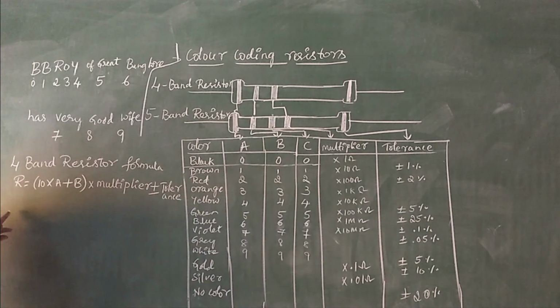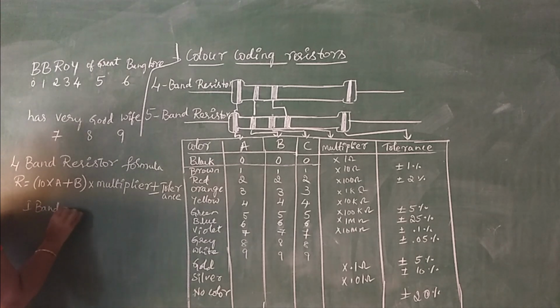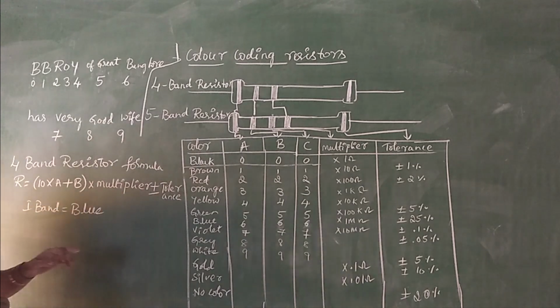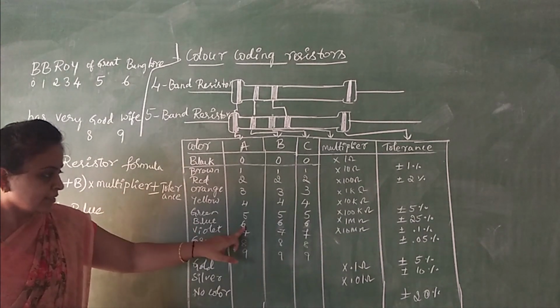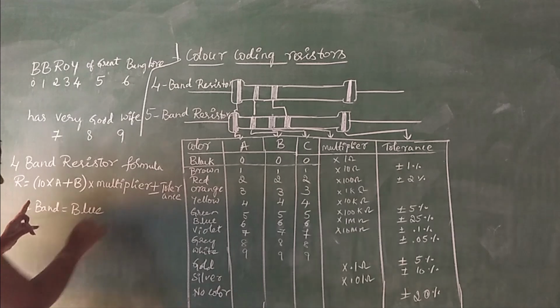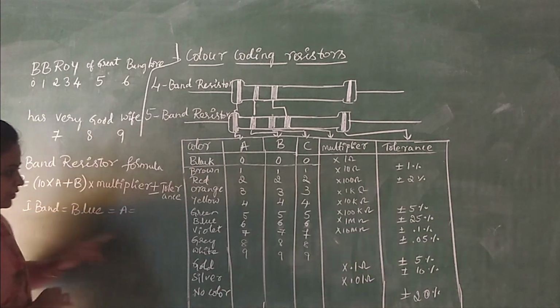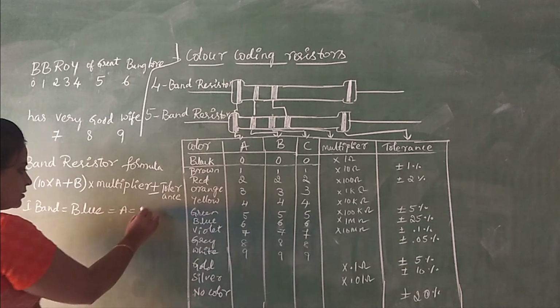First I will take blue as the first band. First band is equal to blue. In this table, blue is in the first band, that is A, and that is equal to 6.